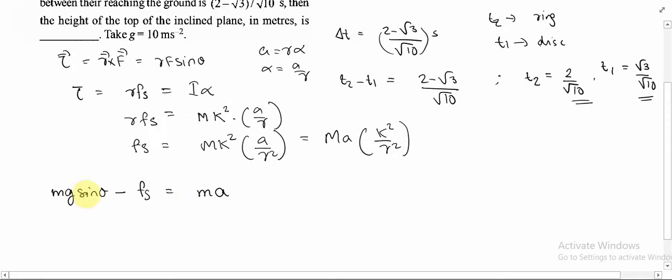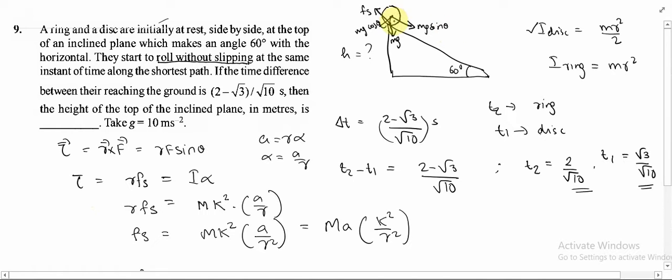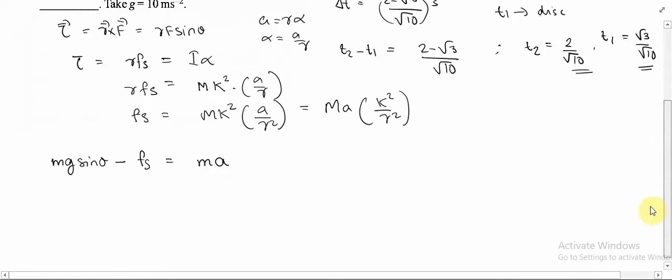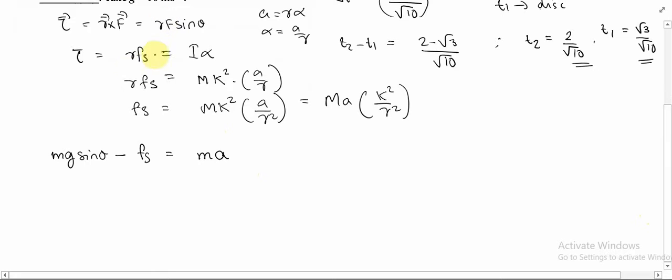The force acting along this direction is fs, opposite to the direction of mg sin theta, so the body is rolling downwards. So mg sin theta minus fs is given by ma, mass times acceleration. So we have to just substitute it and find the acceleration.